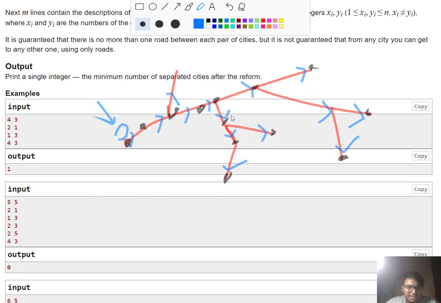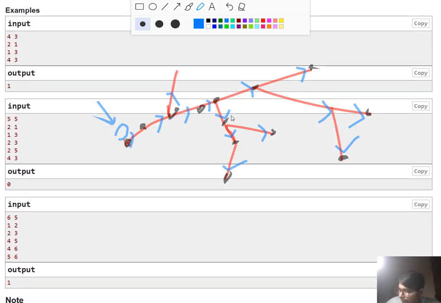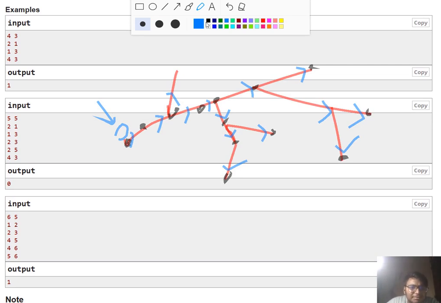This is one idea. Let me see what will happen when I have a cycle.